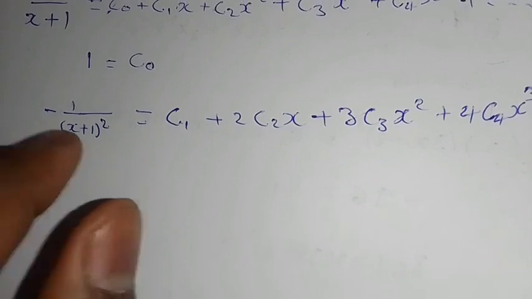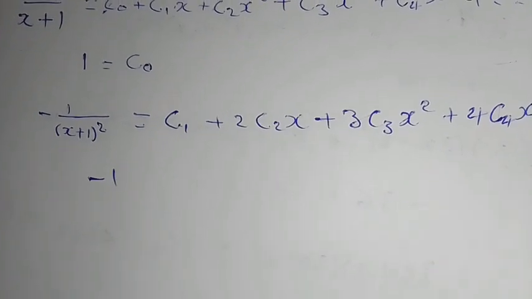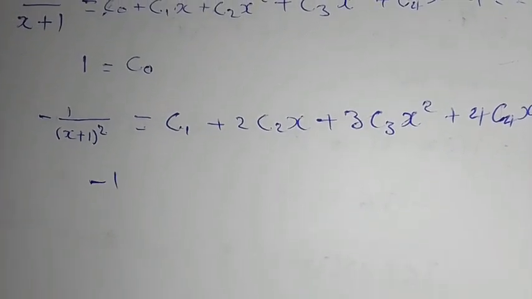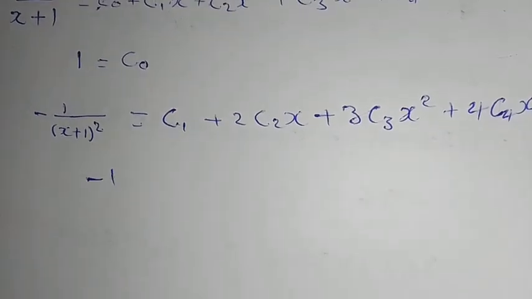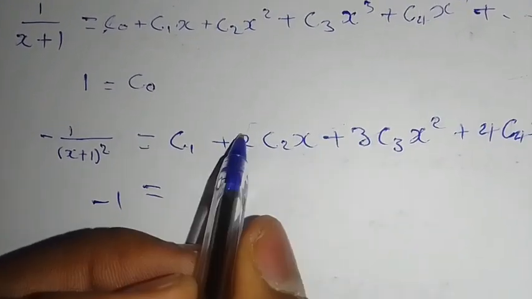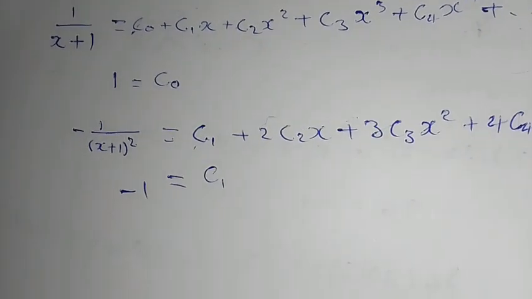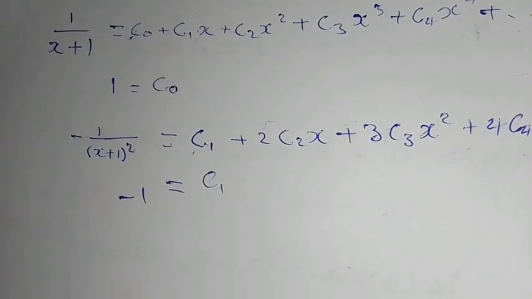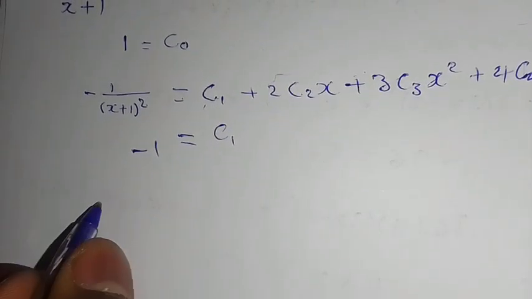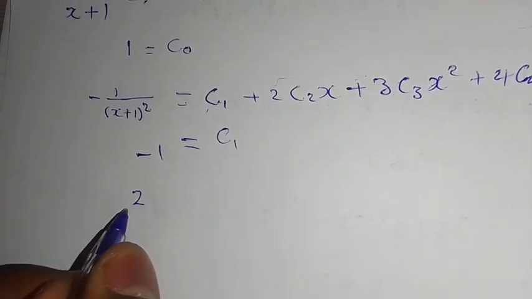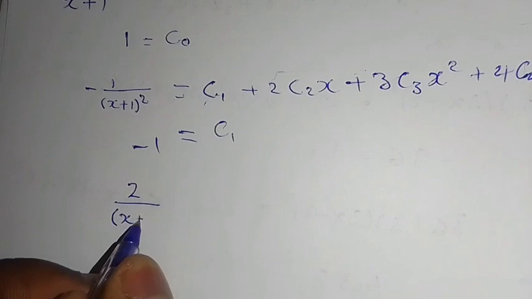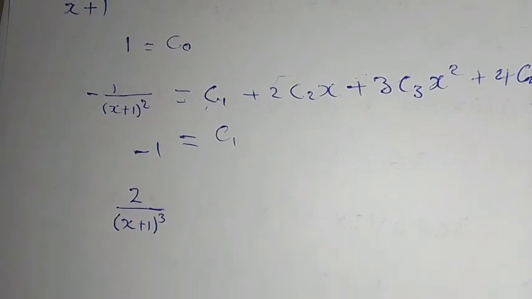If you plug in 0 here, you end up with minus 1, and the other terms go to 0, so you only remain with c1. So c1 is equal to minus 1. Then the second derivative will be 2 over x plus 1 cubed.